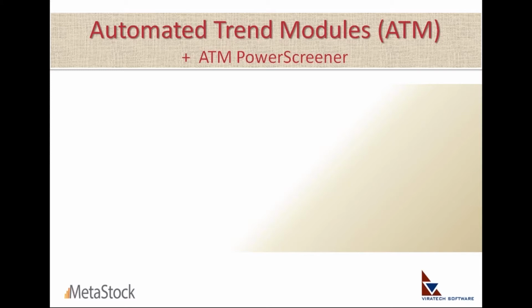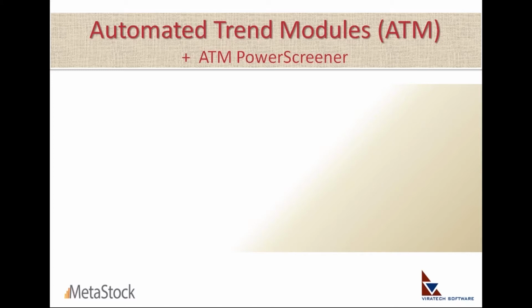And the best part is we added what we call the ATM Power Screener. And the Power Screener is an amazing scanning utility. The ATM is more the indicator suite, which we use inside of MetaStock, and the Power Screener is like a separate application that we can use for the scanning aspect.